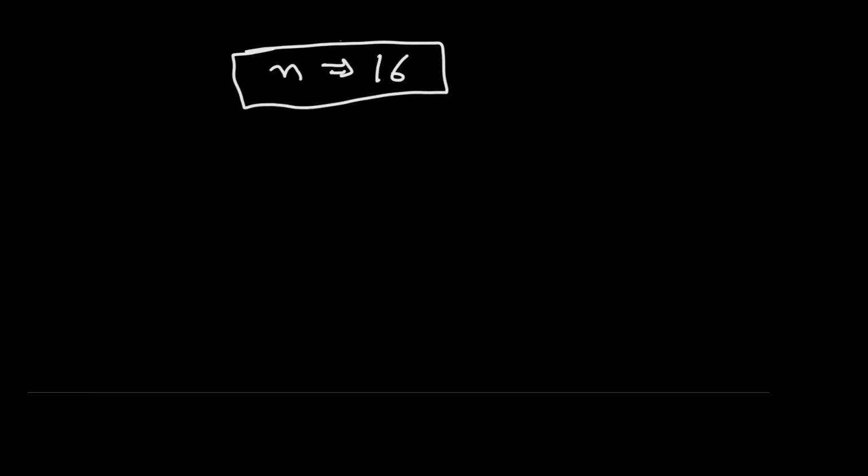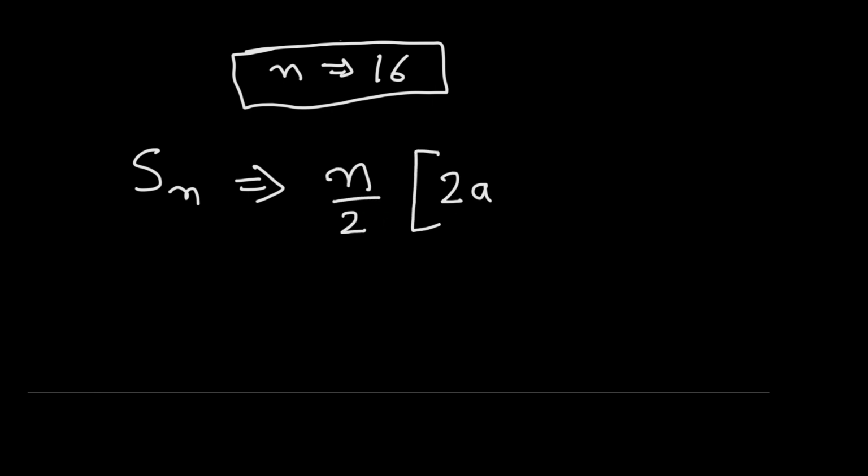So as we calculated the value of n, which is 16, with the help of the nth term, we can easily find the sum of this arithmetic progression. The formula for the sum is n by 2 times (2a plus (n minus 1)d).